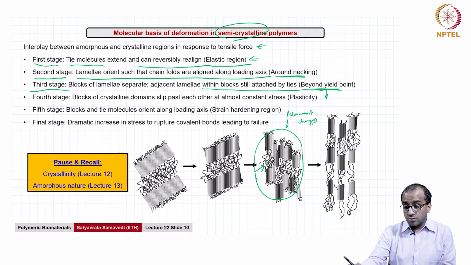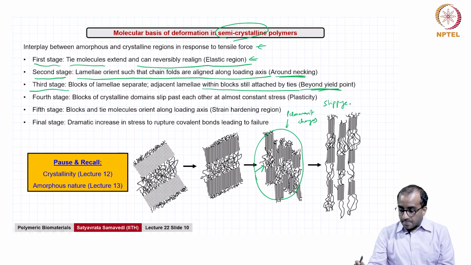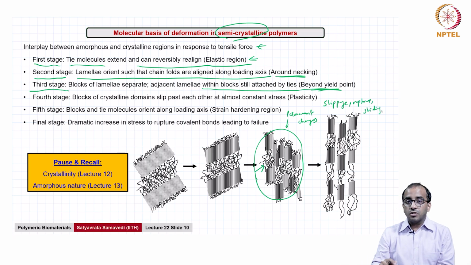So, this can occur due to phenomena such as slippage, rupture, sliding, such as shown here, etc. All of these things will lead to permanent structural changes within the network. If you unload it, it is going to come back along a different path with resulting hysteresis in the sample.